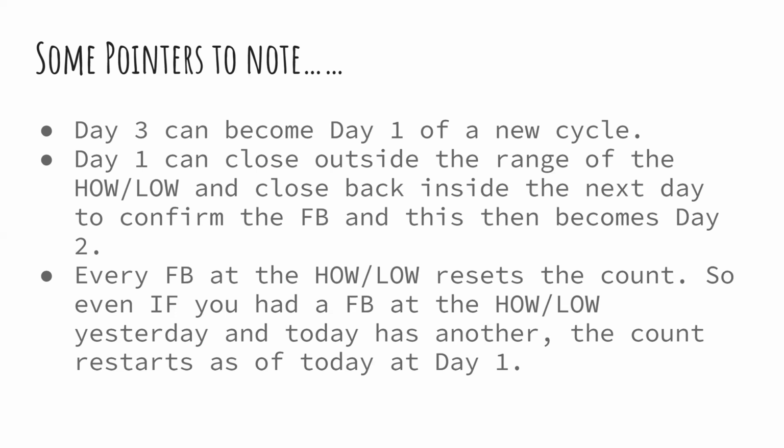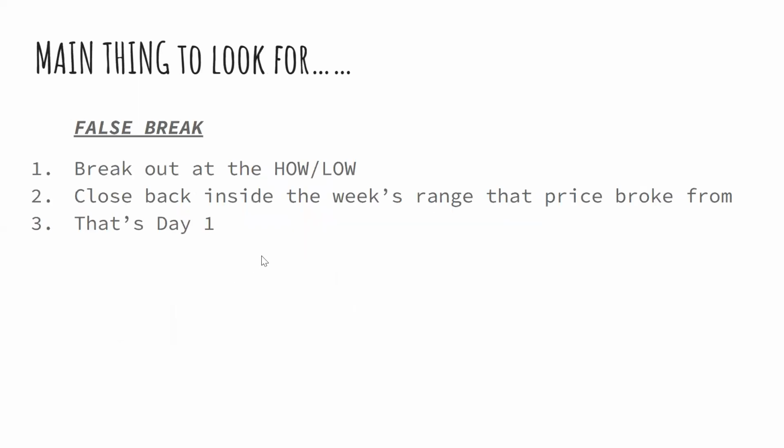And I think this is where a lot of people may get confused with the count. But as long as you're using the levels where the high and low of the week are, then you'll be able to understand where you are in terms of this 3-day cycle setup. So the main thing to look for, and I really want to hammer this point home, is that you're looking for a breakout at the high or the low of the week. This is the most important thing to signal that price is possibly starting a 3-day cycle.